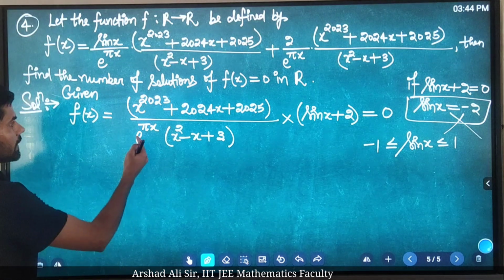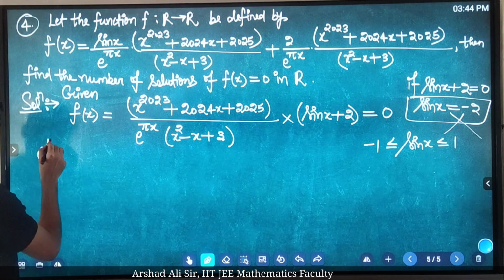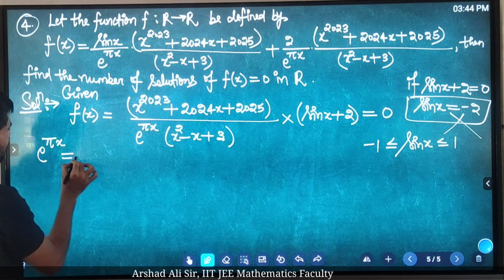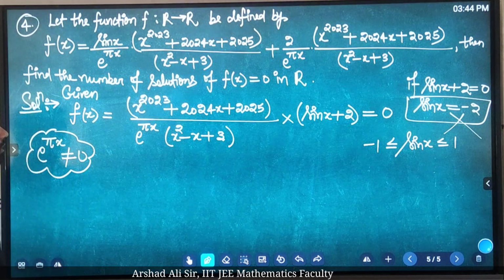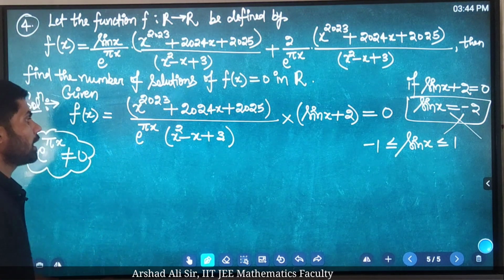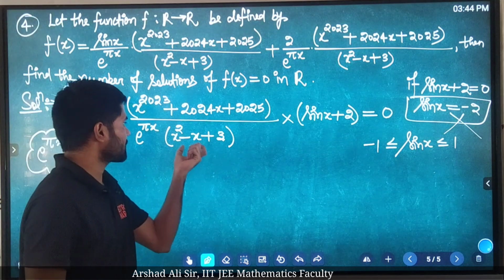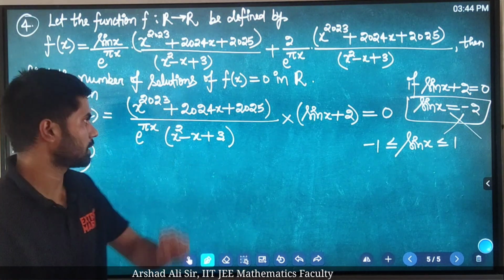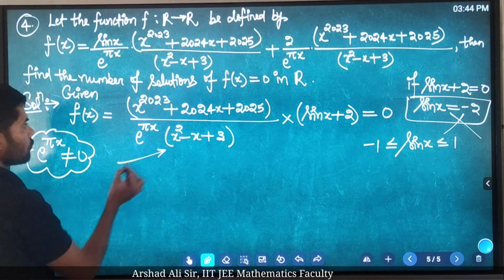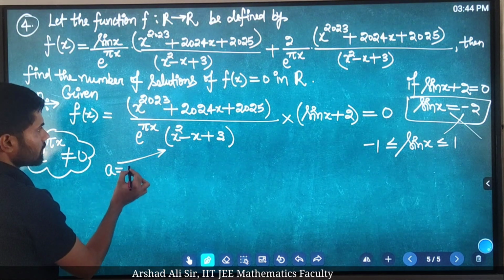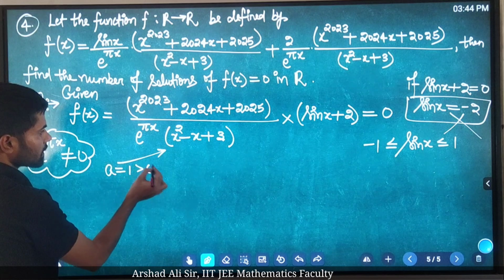After that, think about e to the power pi x, instead of x you can put any value, you will get a non-zero number, so this one is not correct. After that, think about this quadratic expression, x square minus x plus 3. Here coefficient of x square is 1, and 1 is greater than 0.